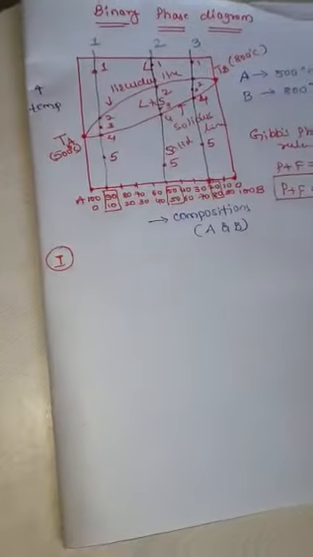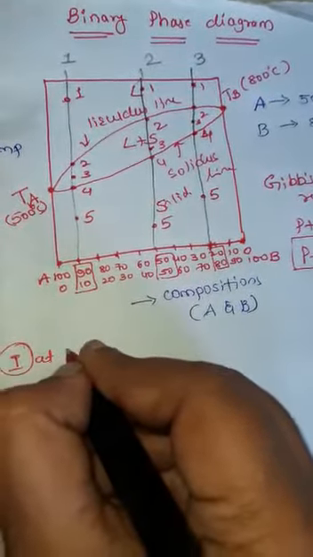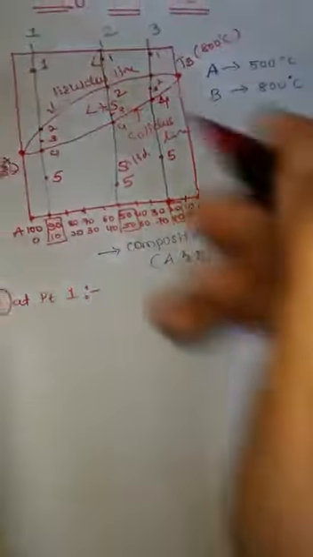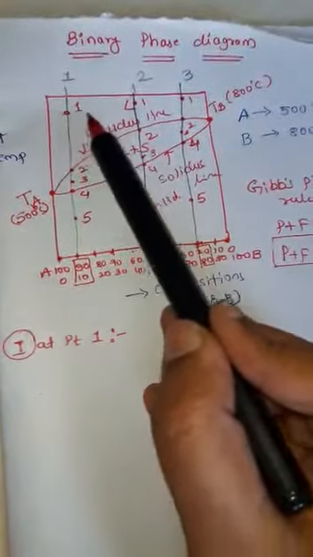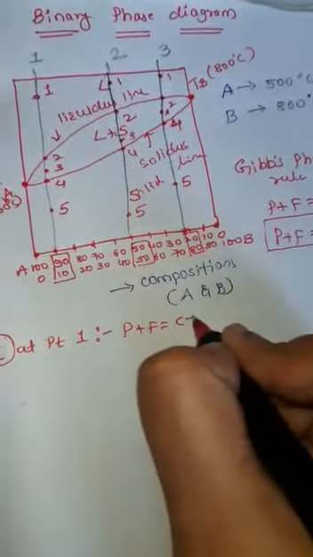Now with the Gibbs phase rule, at point 1, what is P here? It is completely liquid. So P is equal to 1. The rule is P plus F is equal to C plus 1.